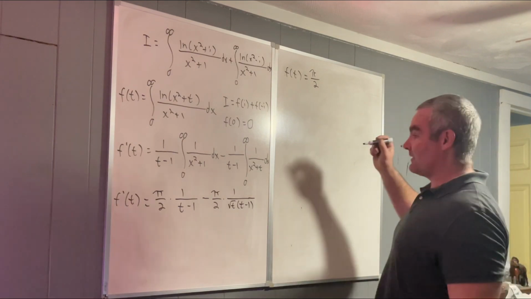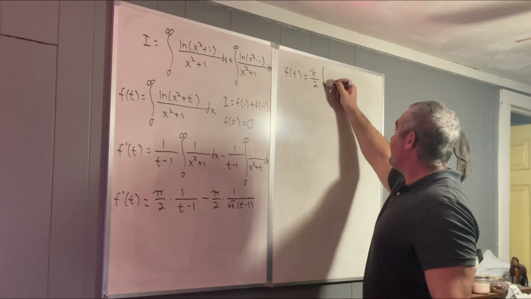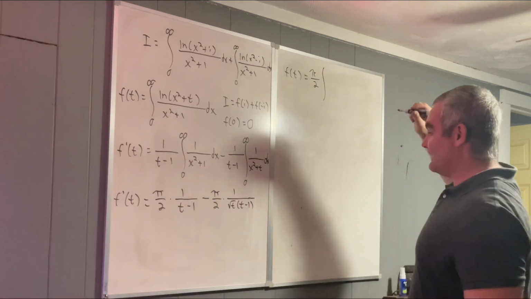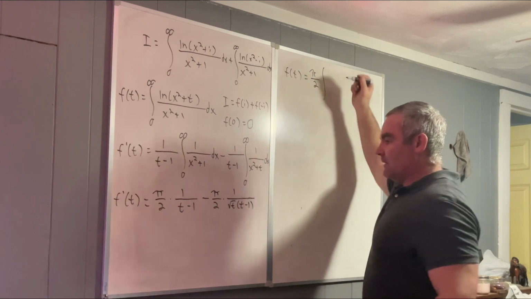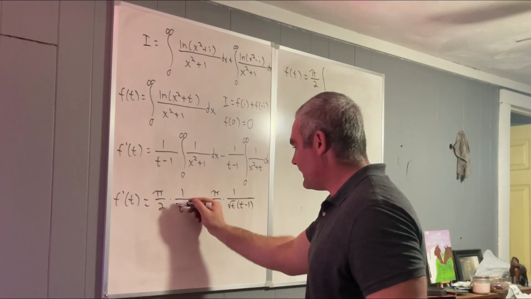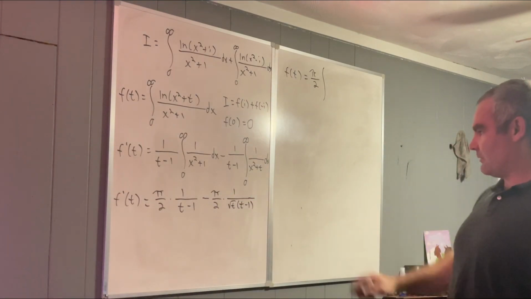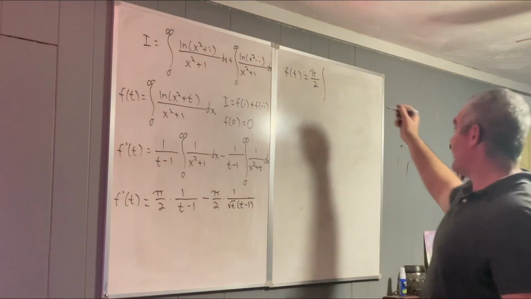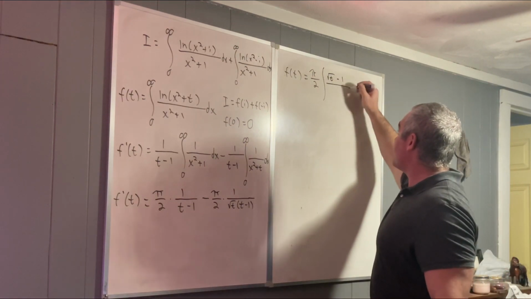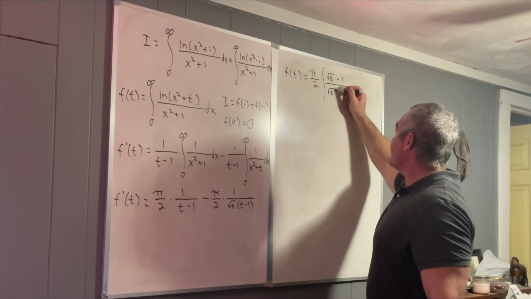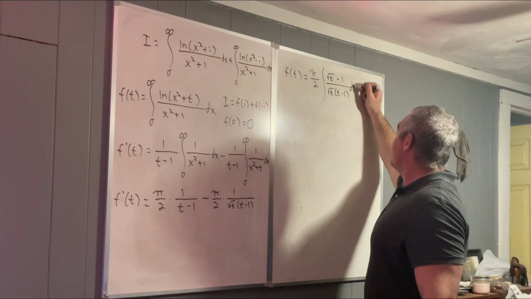So let's see, that's going to be pi over 2 times the indefinite integral, don't forget indefinite integral of, let's see, square root of t over the square root of t times t minus 1. So we're going to have square root of t minus 1 over square root of t times t minus 1 dt.